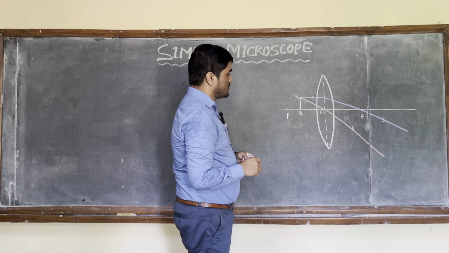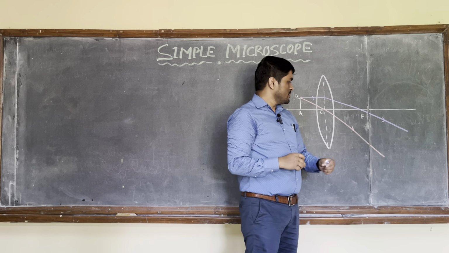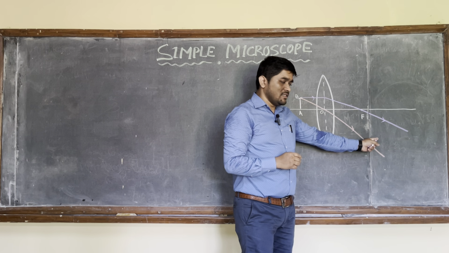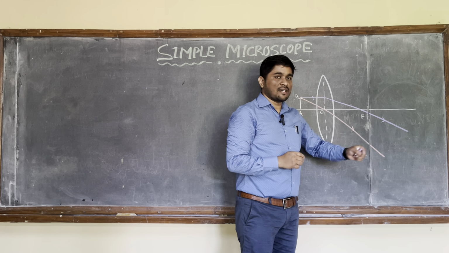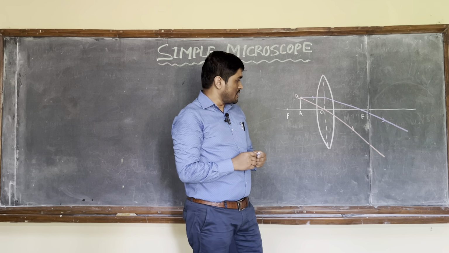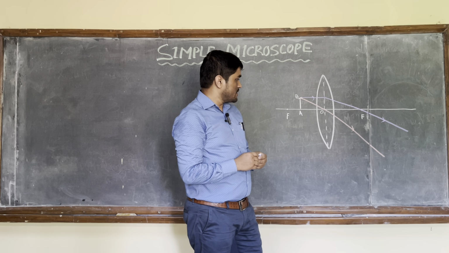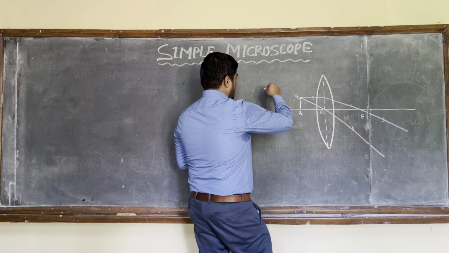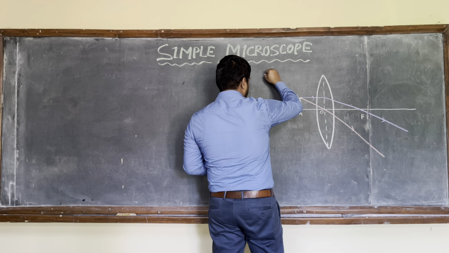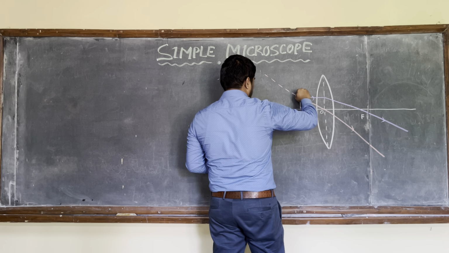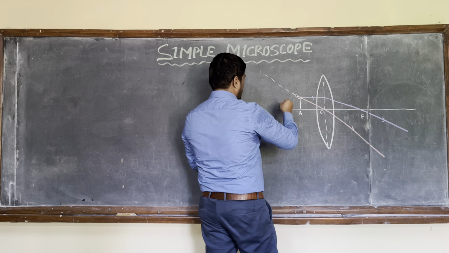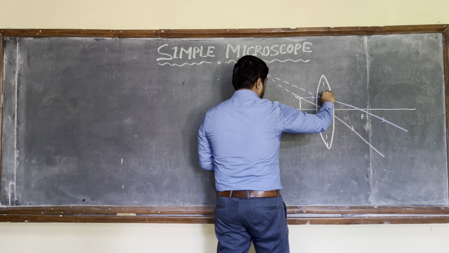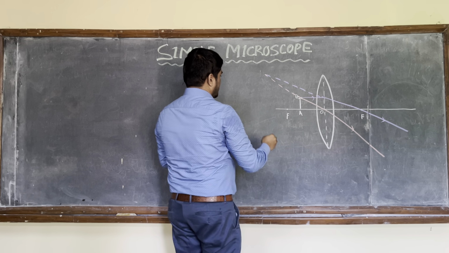and you can see here the two rays that are diverging in nature. That means they cannot intersect each other in this direction. That's why to find the image you have to extend them in the opposite direction. So when you extend them in the opposite direction, let the two rays they meet there.